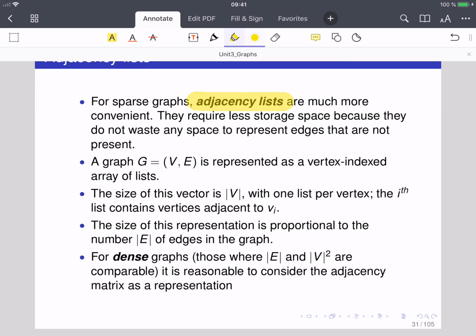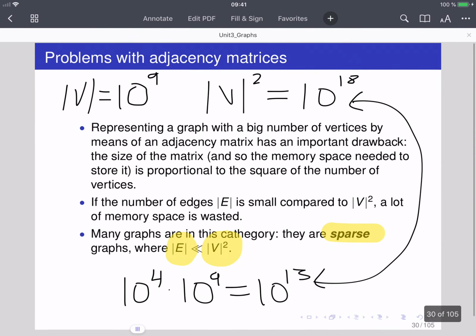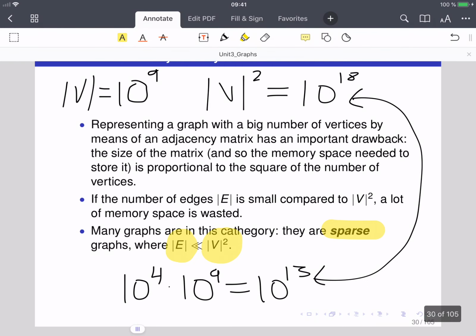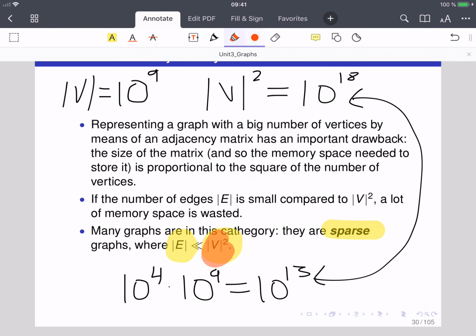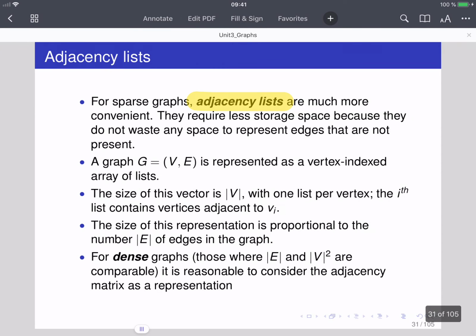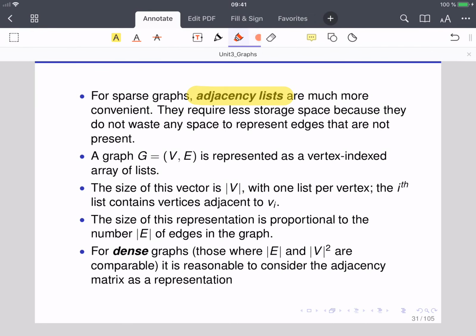Okay, and in this case, then instead of having to use a memory that is proportional to the square of the number of vertices as we had in the previous case, we are going to use a memory that is proportional to the number of edges in the graph.